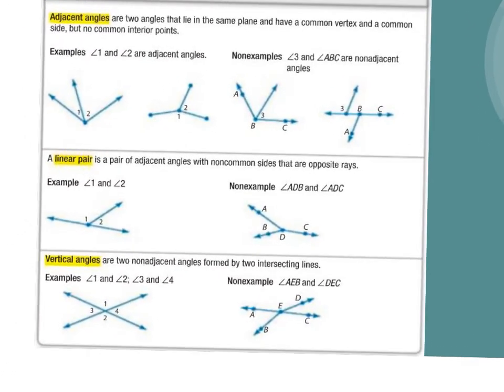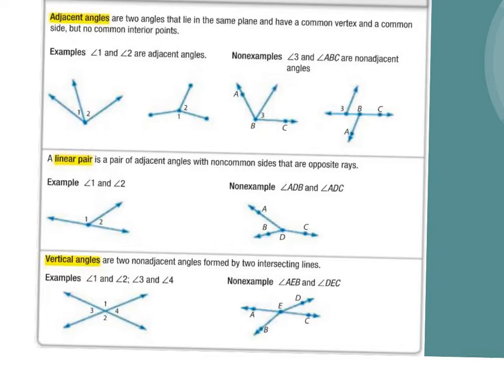Finally, vertical angles. Vertical angles are two non-adjacent angles formed by intersecting lines. Here we have an example of 1 and 2 and 3 and 4. So when these lines cross, they create vertical angles.